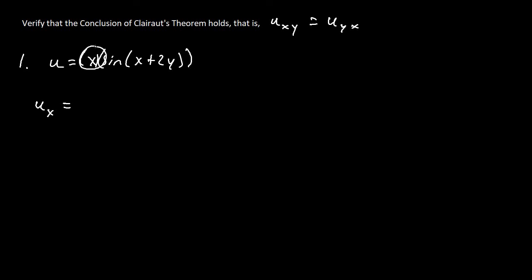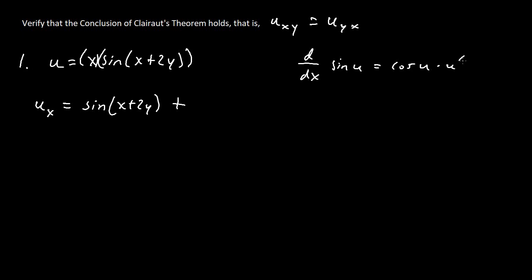So we take the derivative of the first function, so the derivative of x is 1, times the second function unchanged, the sine of x plus 2y, plus the derivative of the second function. Now, the derivative of sine of some function u is obviously going to equal cosine of u times u prime.